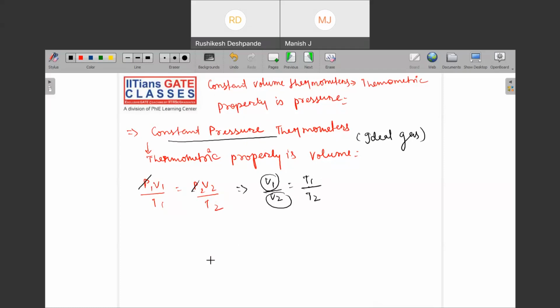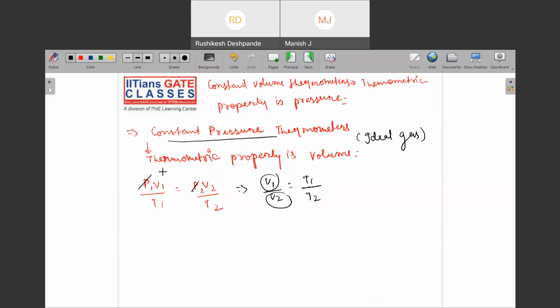If we are using ideal gas thermometers, there is no dependency upon the material. Whether we use oxygen, nitrogen or any ideal gas, there is no dependency upon the nature of the gas, because there is no specific property related to that gas; the property terms get cancelled out.